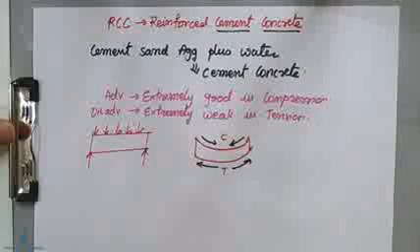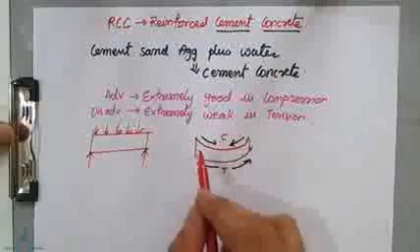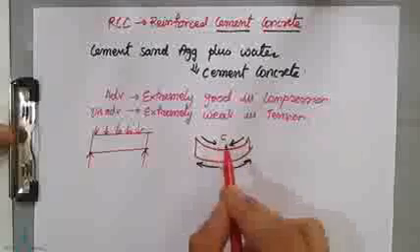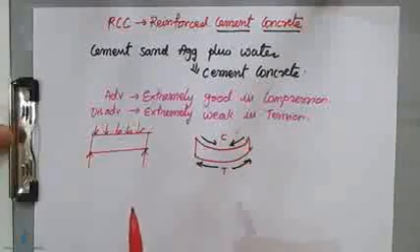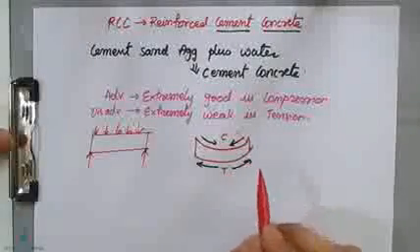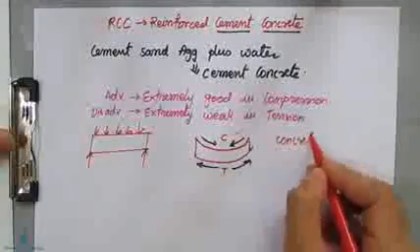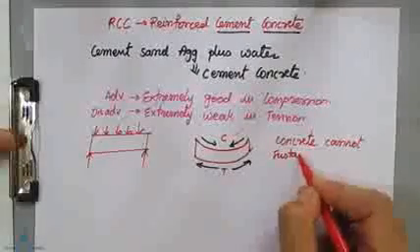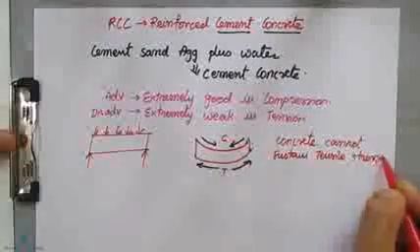Then what happens if you use only plain cement concrete? Whatever stress is coming onto the top fiber, which is in a compressive state, the concrete will take care of that zone, that is the compression zone. But being extremely weak in tension, the concrete cannot sustain tensile stresses alone, right?